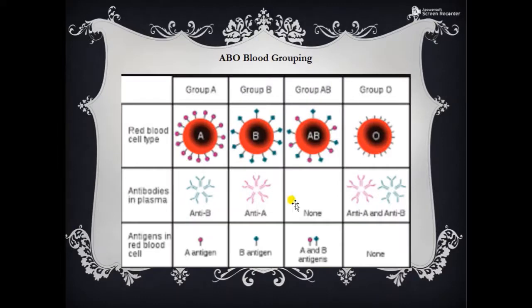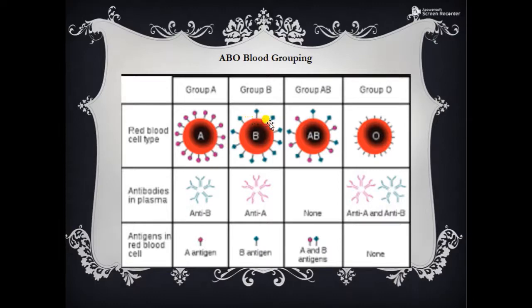So just look into one more thing. All the blood groups have the H antigen, which is common and is made up of a polysaccharide. On the tip of this H antigen, if you have a terminal sugar containing N-acetyl galactosamine, that is the pink one here, that will constitute the A antigen.